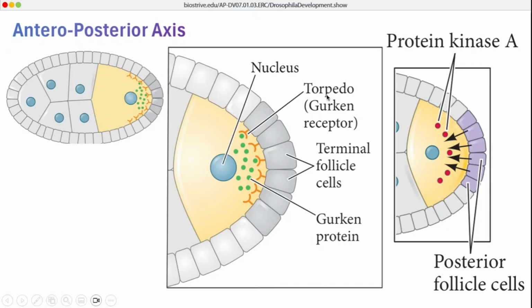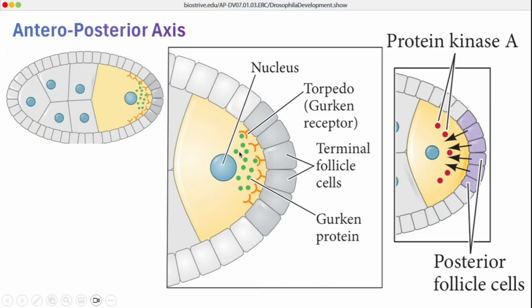This protein is what we call Torpedo, and the oocyte will start making certain mRNAs which are Gurken mRNAs, and these Gurken mRNAs will be translated into Gurken proteins which are shown here by this green color. Now this Gurken protein will act as a ligand for the Torpedo receptor.